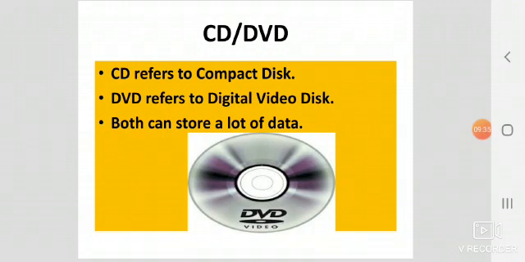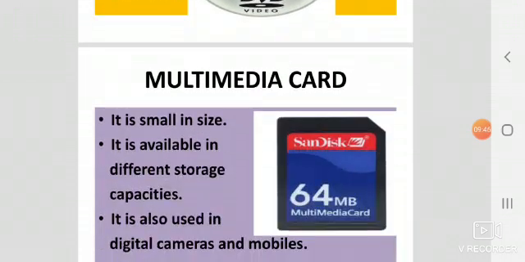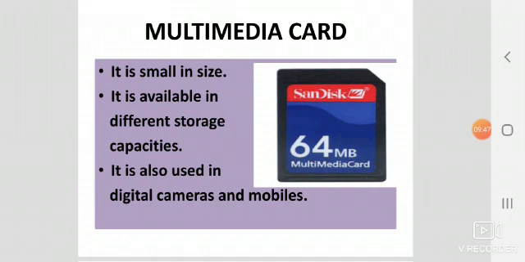CD refers to compact disc and the full form of DVD is digital video disc. They store large amounts of data. This is multimedia card. It is small in size and it has different storage capacities. It is also used in your mobile phones and digital cameras.